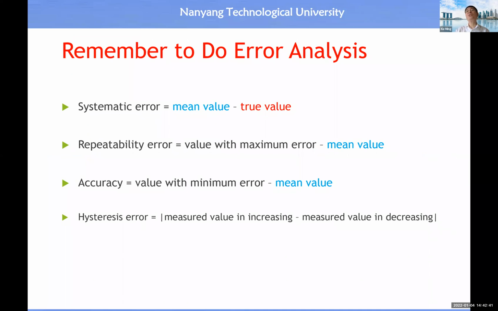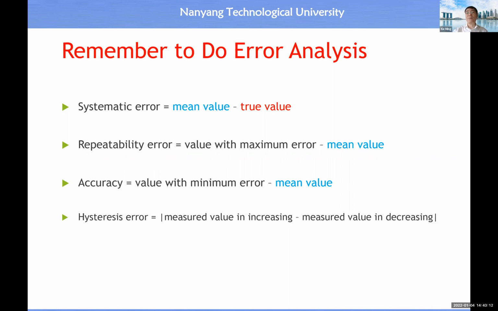And also remember to do error analysis, all right? So once your sensor is ready, you can do repeated experiments, okay? Then based on the observed data, you can calculate the mean value, standard deviation, etc. Then you can also calculate the systematic error, repeatability error, and accuracy. And when you do the experiment, you can make the input change in increasing order and in decreasing order.